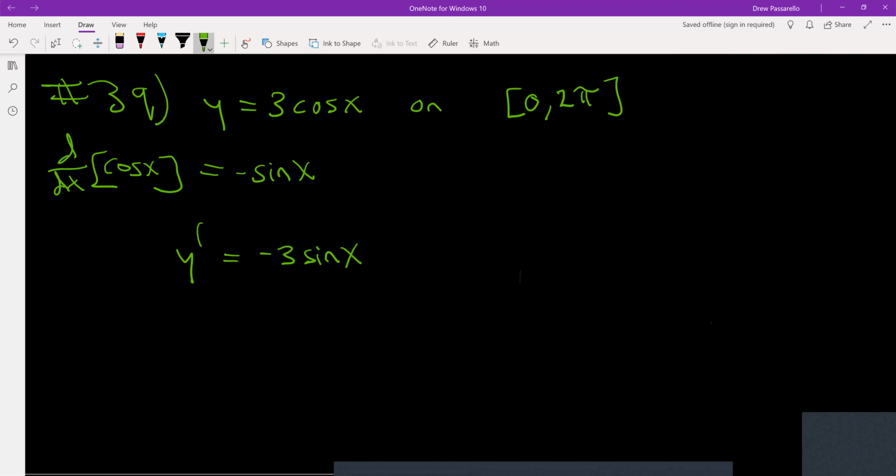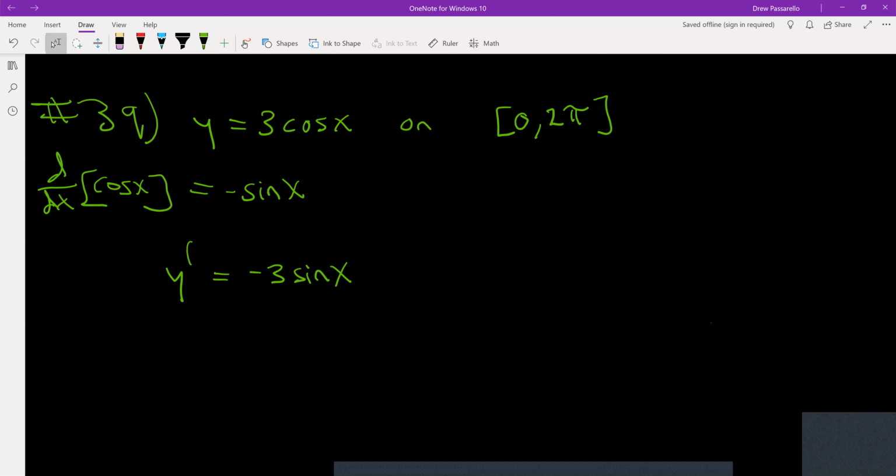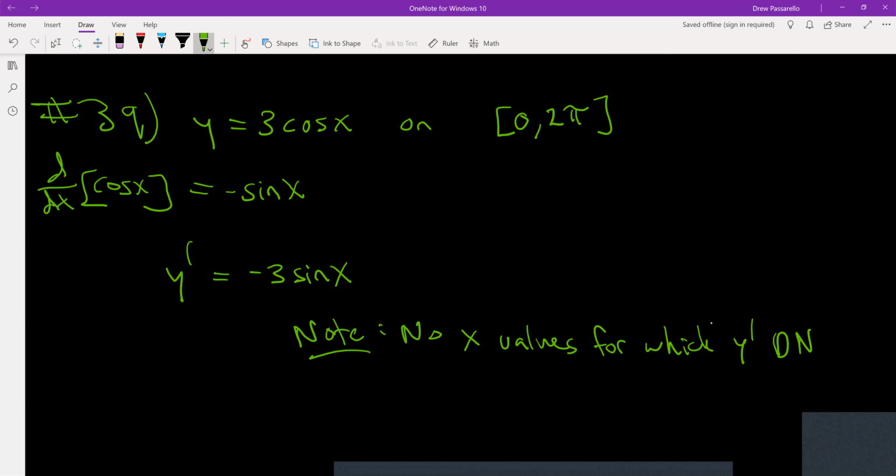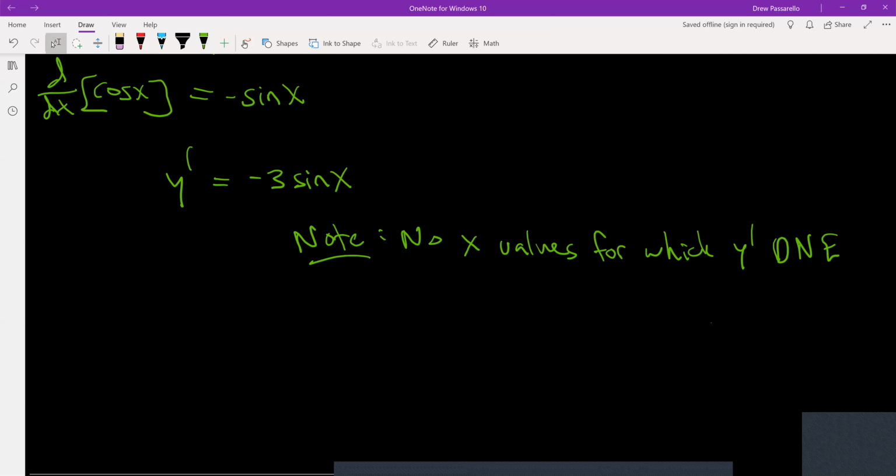All right, sine function is continuous. There's no asymptotes to the function, so there's no values for which the derivative doesn't exist. So I'd say note, there's no x values for which y prime doesn't exist, because it's sine function and that's a continuous function with no asymptotes.